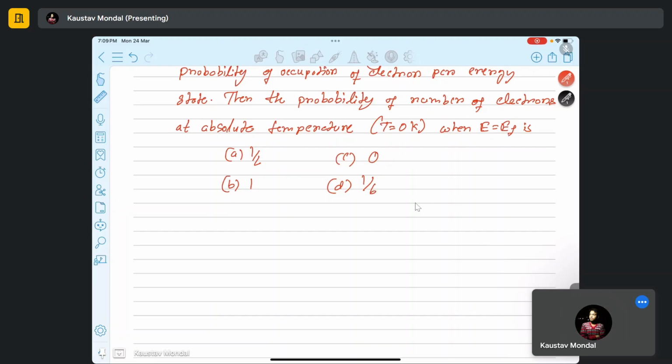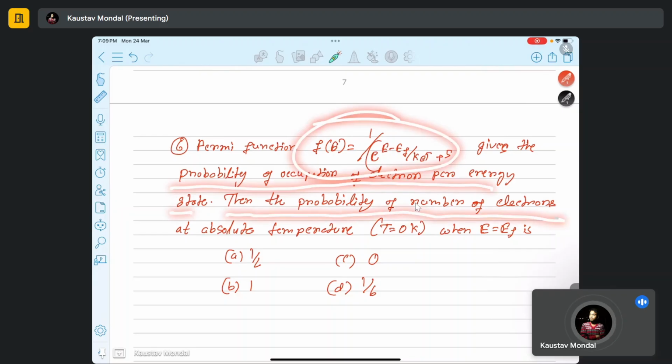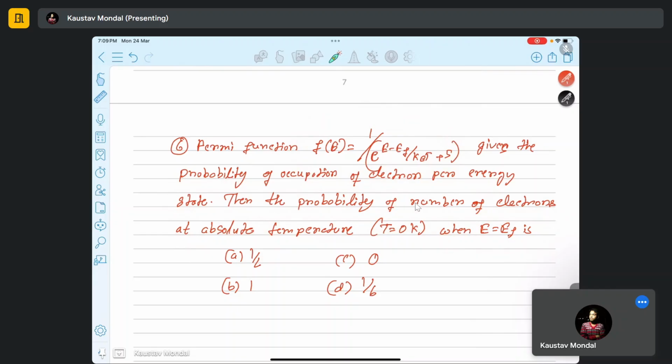Okay. So the thing is, the Fermi energy function is given. So this is the probability. Here the expression is slightly different. There is a plus 5 factor instead of plus 1. Anyway, it gives the probability of occupation of electron for an energy state that you already know. So in this case, you have to calculate the probability at absolute temperature T equal to 0 and E equal to EF.